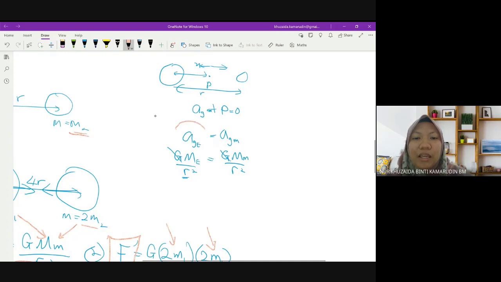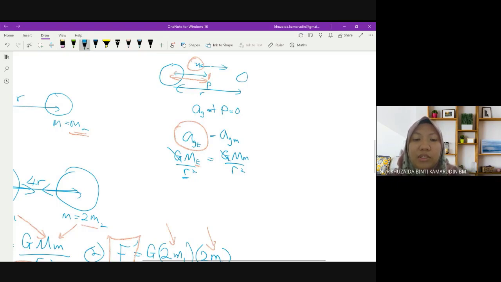This one AG Earth is the gravitational field strength from the Earth. So this is our point. The information needed here relates to the Earth and the point. So that's why for the mass earlier we put the mass of the Earth. Then the distance is from point P to the center of the Earth, which is X, given in the question.